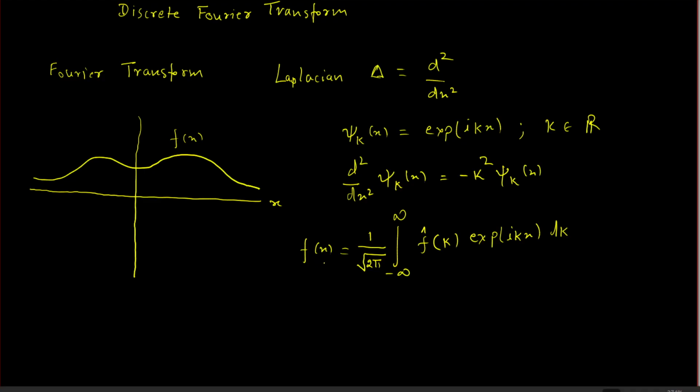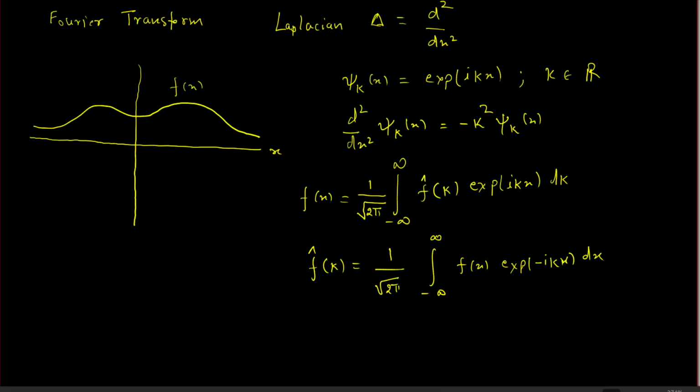So we are able to expand this function in this basis of eigenfunctions of the Laplacian, and these coefficients f cap k define another function, f cap k, which is called the Fourier transform of the function f. These coefficients are given in terms of f as the integral of f(x) exponential minus ikx dx.